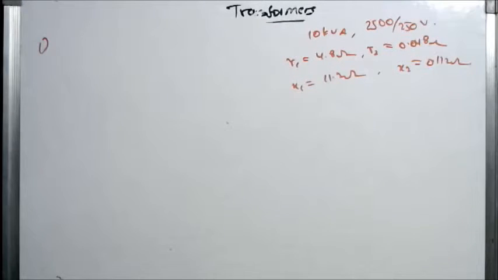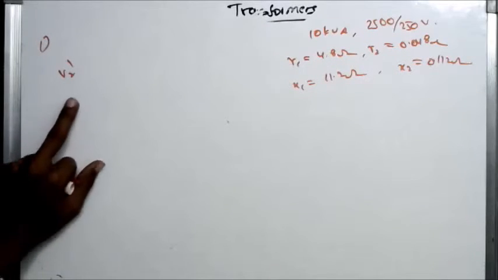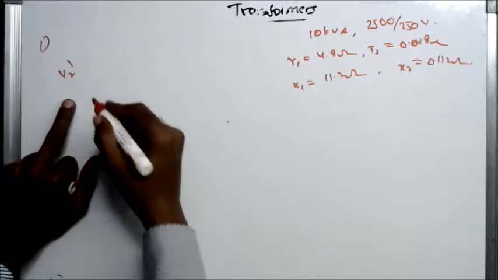In the first problem, we are asked that when the LV winding is connected to a load impedance of 5 plus j3.5 ohms, calculate the terminal voltage. We have to find V2. Here, for calculating terminal voltage, he has given ZL.